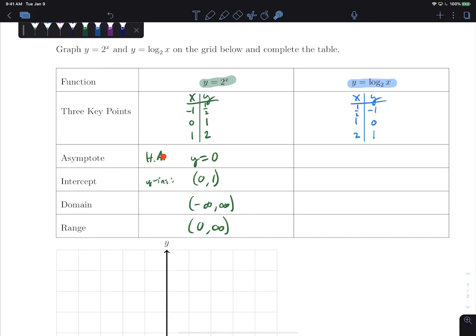Also, the asymptote is no longer horizontal because this y becomes an x. So x equals 0 is the asymptote, in this case a vertical asymptote. Vertical asymptotes are wherever the argument is equal to 0. Notice that the domain is where the argument is greater than 0.